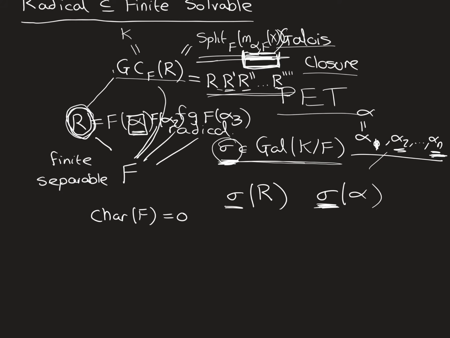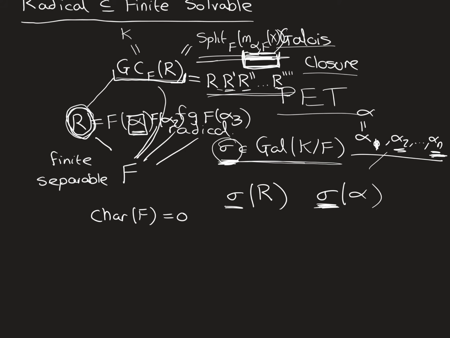And that then is my argument as to why the Galois closure of R over F is forced to still be a radical extension, because it's the compositum of all of these images of R under the elements of the Galois group of K over F. And those things that we're compositing together are all still radical extensions, and together they make the entire thing. And there's a finite number of them, so it's a compositum of a finite number of radical extensions.